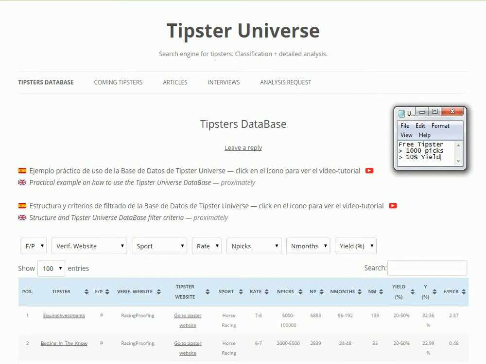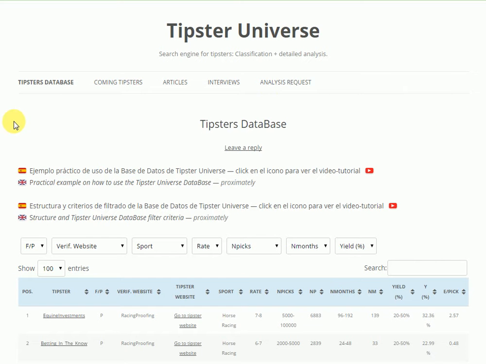Here you are, these three minimum requirements, and now let's use the Tipster Universe database to find one or more tipsters that match these parameters.